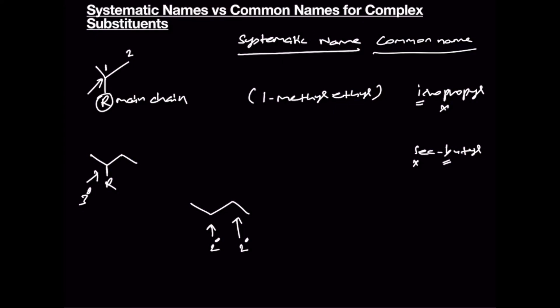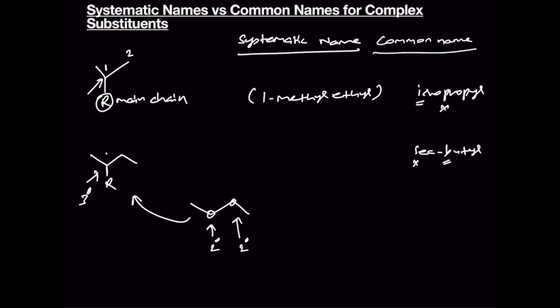When you knock out one hydrogen from either of these places, you get the secondary butyl group, and that is why it is called secondary butyl. Not because currently it is tertiary. Once it gets attached to a main chain, this carbon becomes tertiary, but before knocking out that hydrogen, this carbon is secondary, and that is why it is called secondary butyl, just so as not to get confused about this naming.